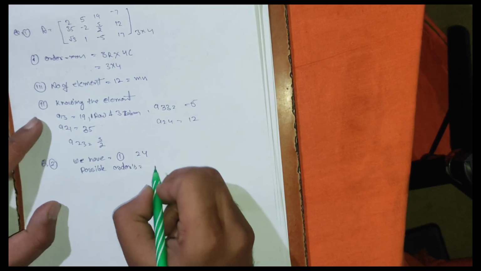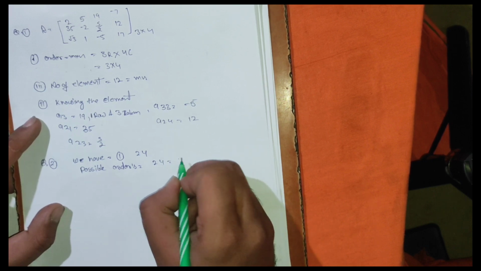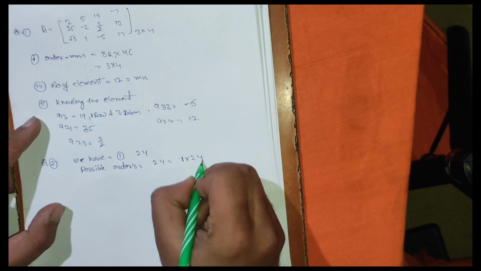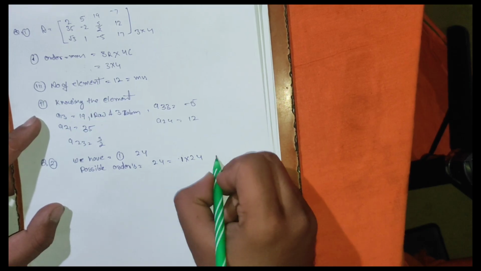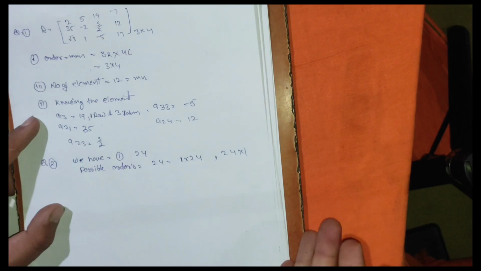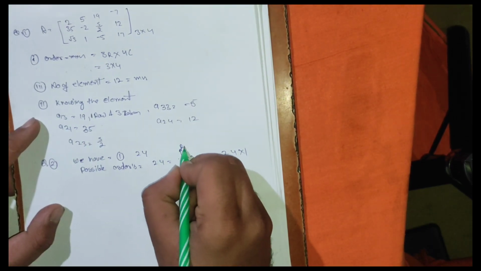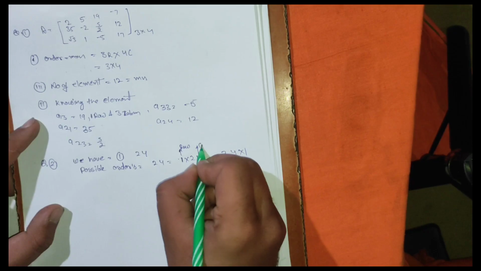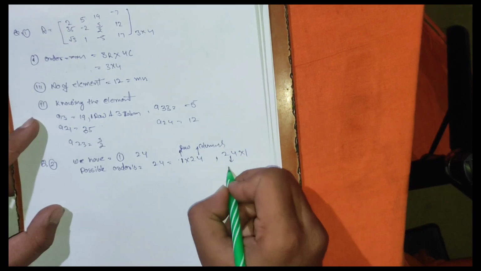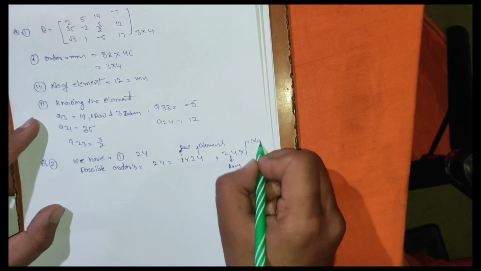We can say the possible orders, starting from the lower value, are 1 by 24 and 24 by 1, like 1 row and 24 columns, and 24 rows and 1 column.